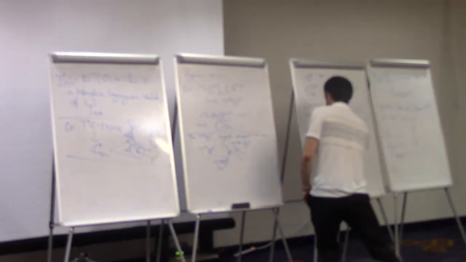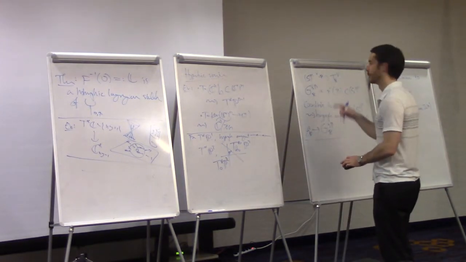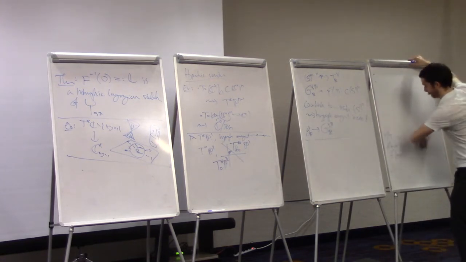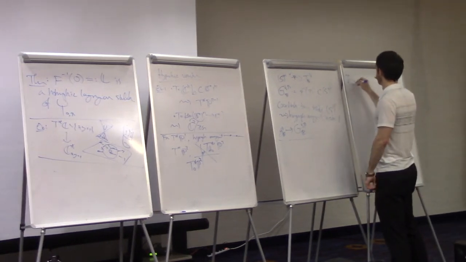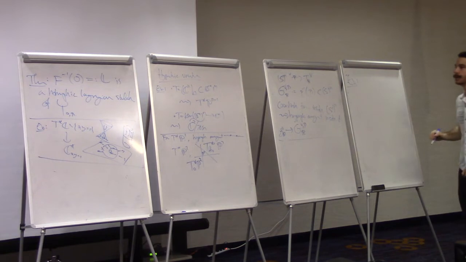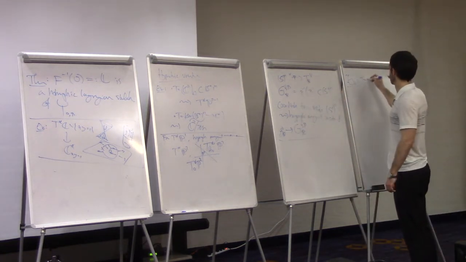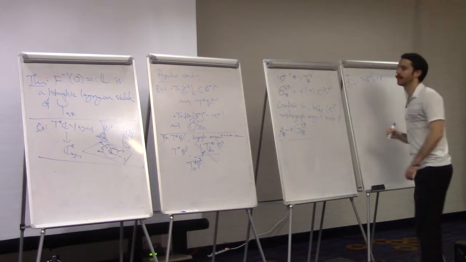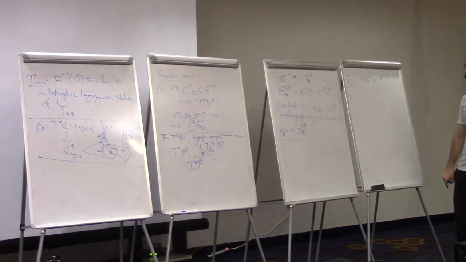Let me give examples. I don't want to erase that. An example: if T is the diagonal torus again, then I have exactly these hyperplane arrangements I had before, except now they're inside of a torus.